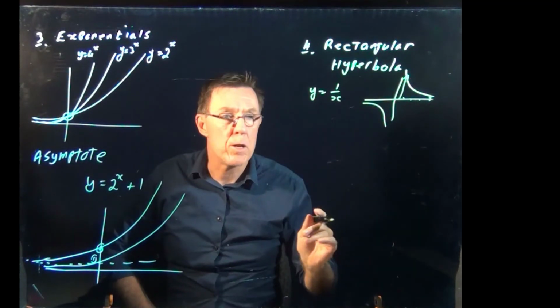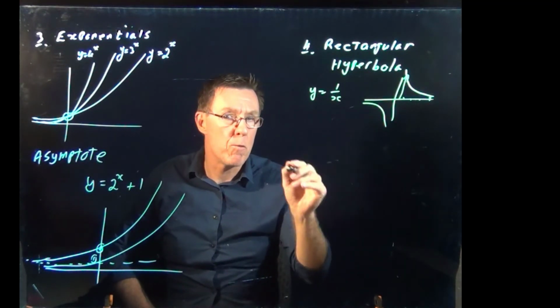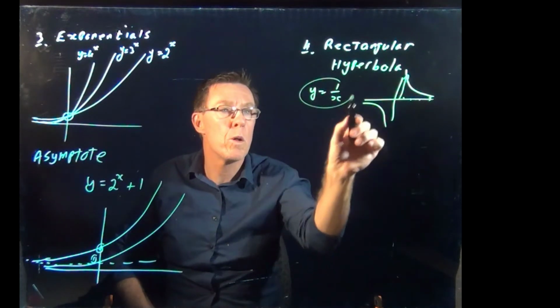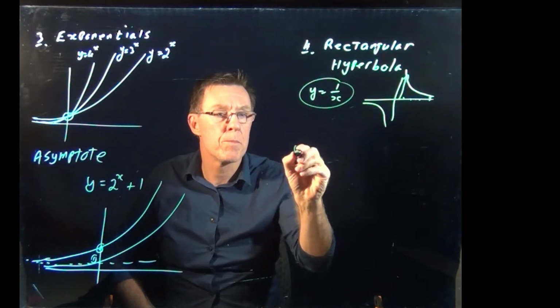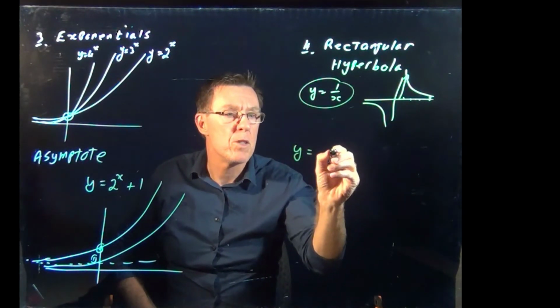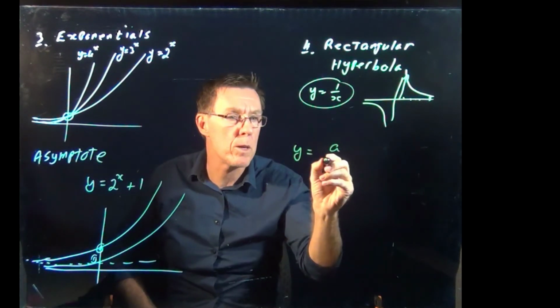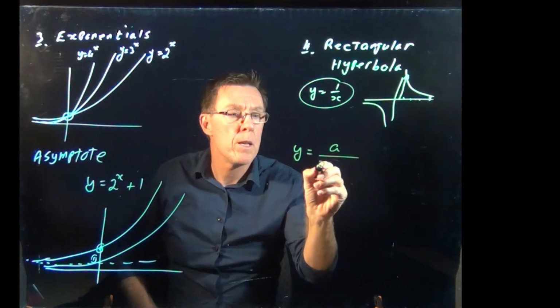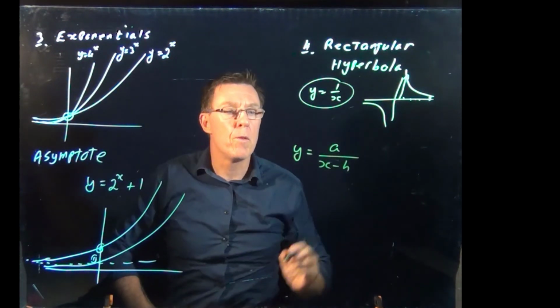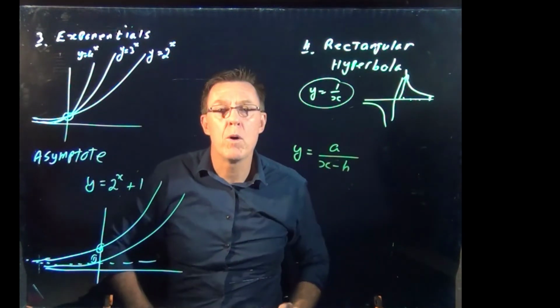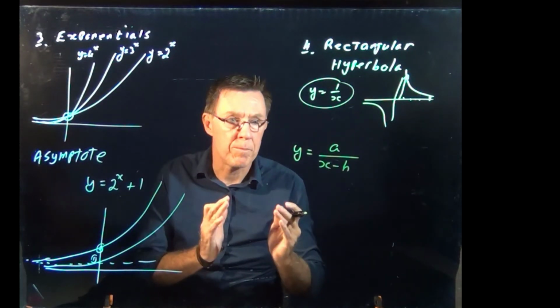Now we can move that shape around as well. Another general form that you need to know with the hyperbola, as well as that one, is this. Instead of having 1 on the top, you can have any number you want on the top. 2, 10, -4, it makes no difference. So down here, if I divide through by x minus h, that moves it around.